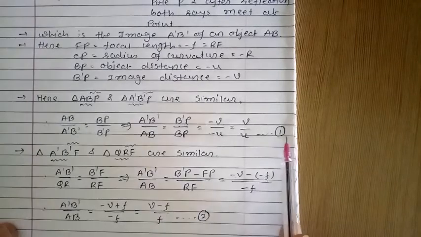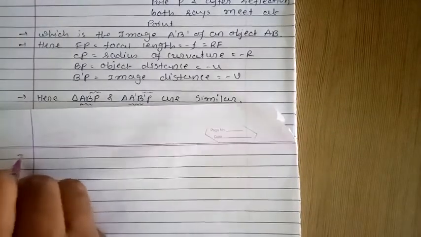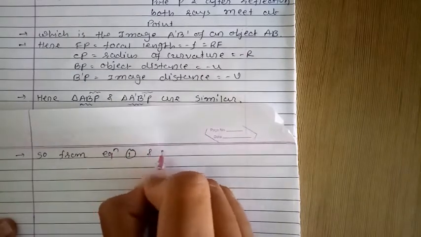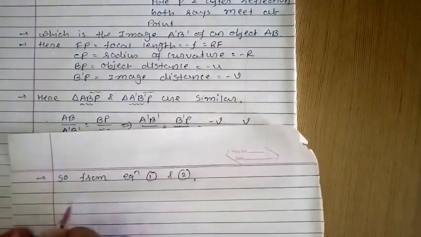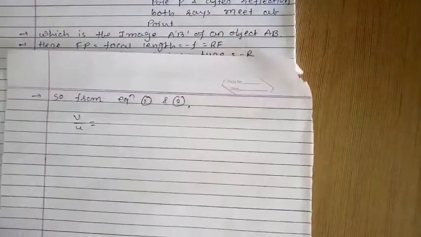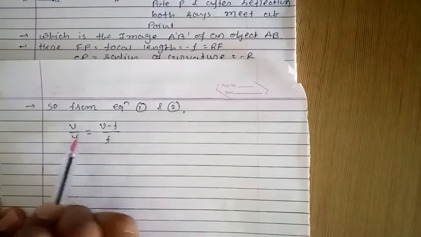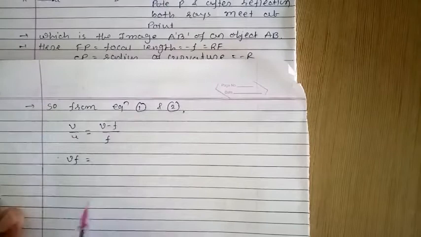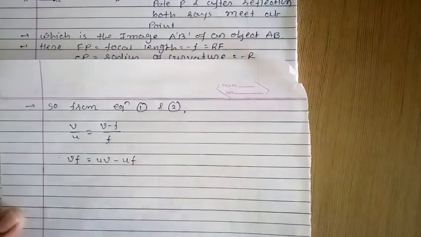So from equation 1 and 2 we can write that from equation 1, V by U is equals to, from equation number 2, V minus F divided by F. By cross product, V into F, so VF is equals to U into V minus F, so UV minus UF, right?